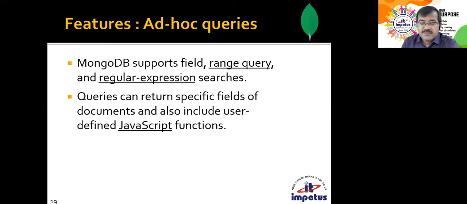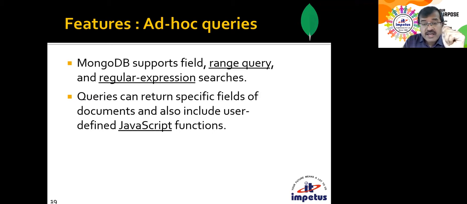Here there is something important. Your queries that you are firing to return a specific field of a document can include JavaScript functions. That means your data is going to be processed by a function. In SQL, most of the time you will be calling only SQL functions. That will carry out some processing of the data as a where condition, where you can say where some function name, and that function gives you a result. But that has to be an SQL function.